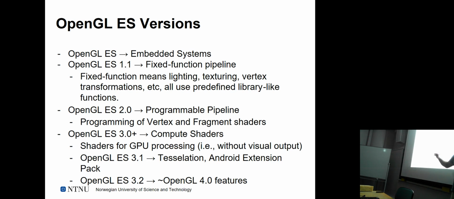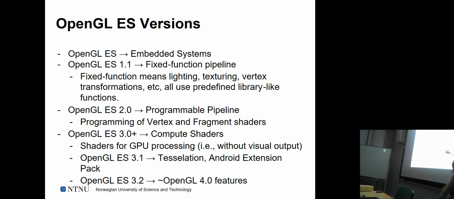And here OpenGL ES 2, that's kind of the minimum baseline nowadays, you have the programmability of the two shaders, the vertex and fragment shaders. So from a graphics point of view, with OpenGL ES 2 you're in a reasonably safe space. In OpenGL ES 3, you probably know about GPU processing, the whole discussion about cryptocurrency mining and so on, where you use GPUs for computing hashes, for example, as opposed to using them for graphical output.